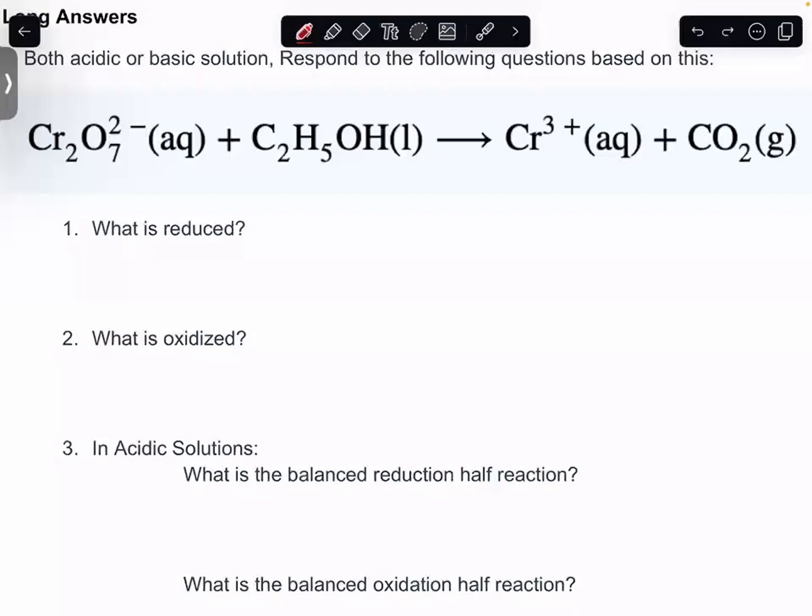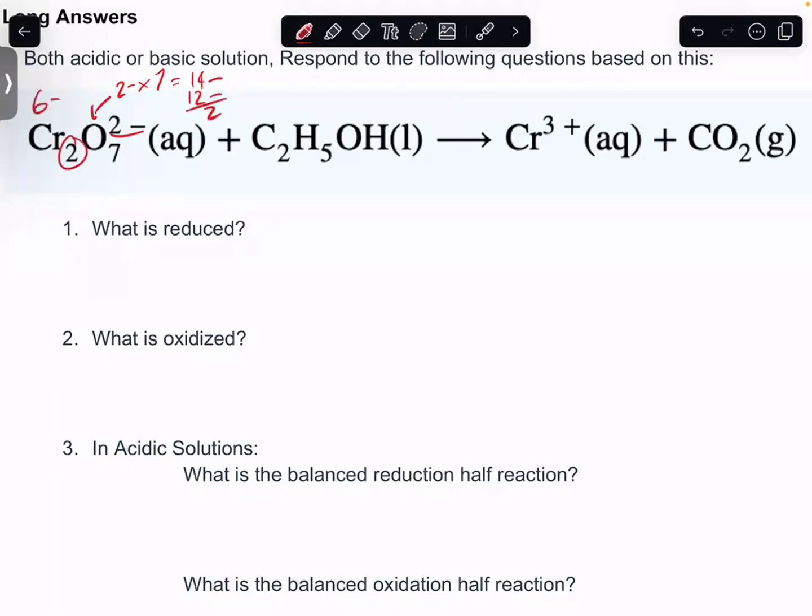I'm going to start with this first thing, Cr2O7 2 minus, and I'm going to determine the oxidation state of chromium. So oxygen is 2 minus, like always, times 7 equals 14. We have an overall charge of 2 minus, which means we only have to account for 12 of the minuses, meaning that each Cr, because there's 2 of them, is going to be half of that.